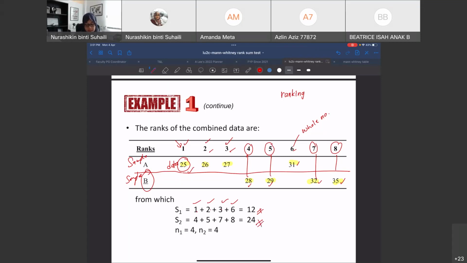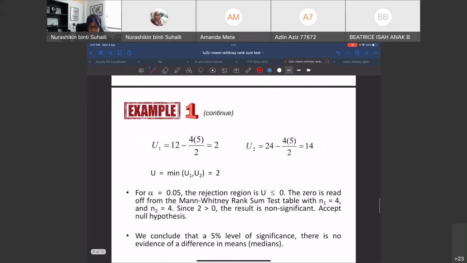And the n is similar for both, which is 4. That is how many data points are in each sample. So we have that information, which means we can calculate step number 5: calculate U1 and U2.